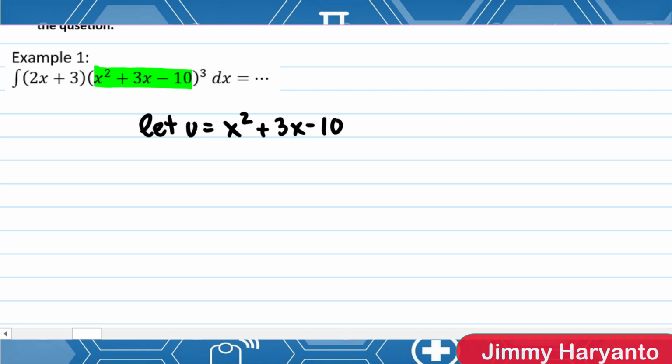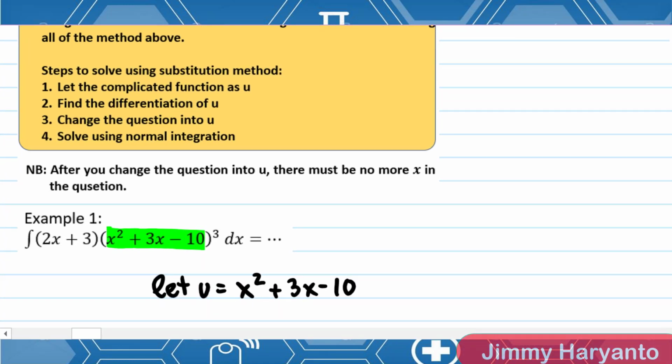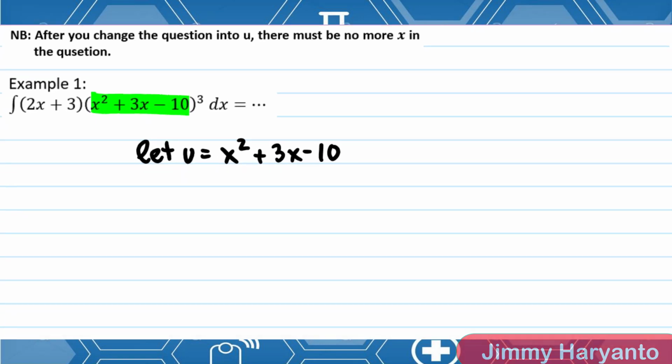After that, the second step will be to find the differentiation of u. Note this form. To find the differentiation of u is very easy. You can do this by using the previous chapter's method. It will be 2x plus 3, but this time we have to write it completely with the notation.